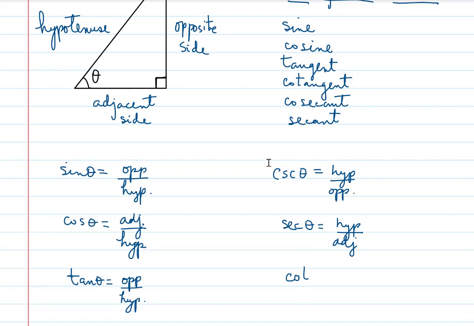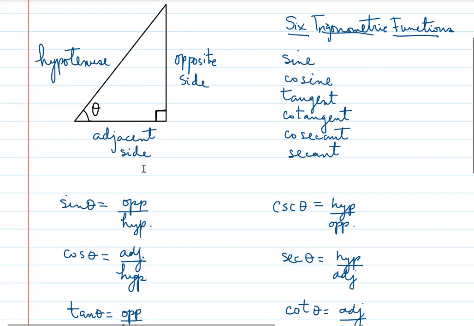And finally, cotangent of theta is adjacent over opposite. Notice how those last three are really just the first three flipped. Here are the definitions of the 6 trigonometric functions of this angle theta based on this right triangle.